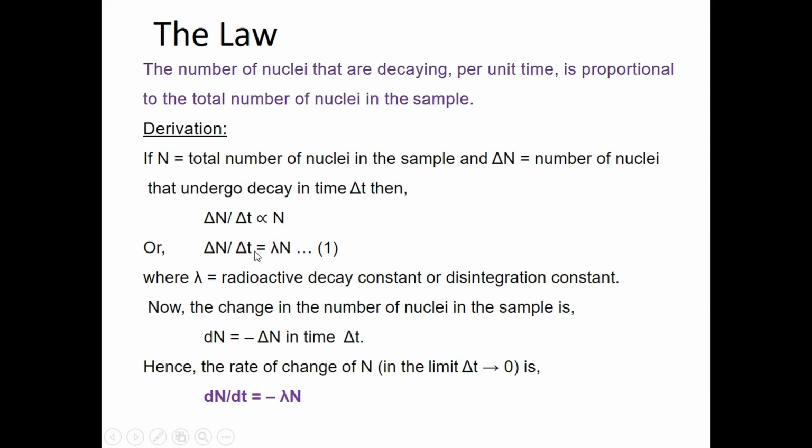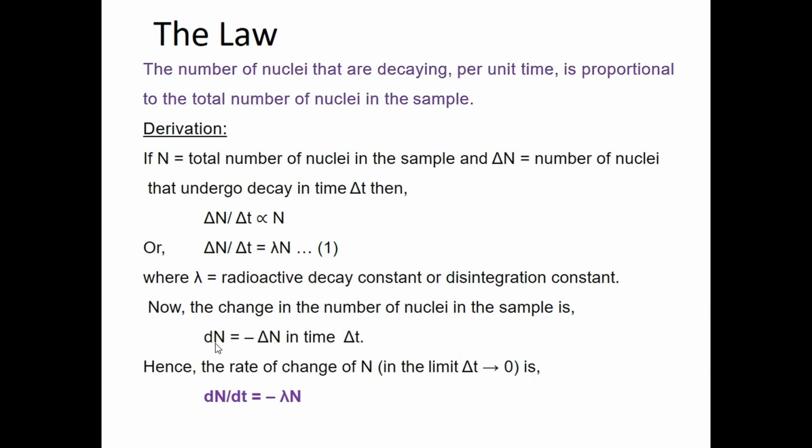Delta N over delta t equals lambda times N, and this is our first equation. This lambda is later defined as the radioactive decay constant, or disintegration constant, or the probability of decay per unit time.